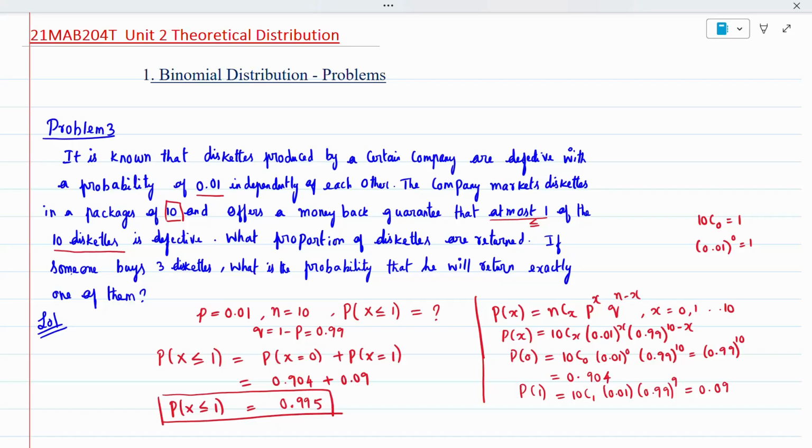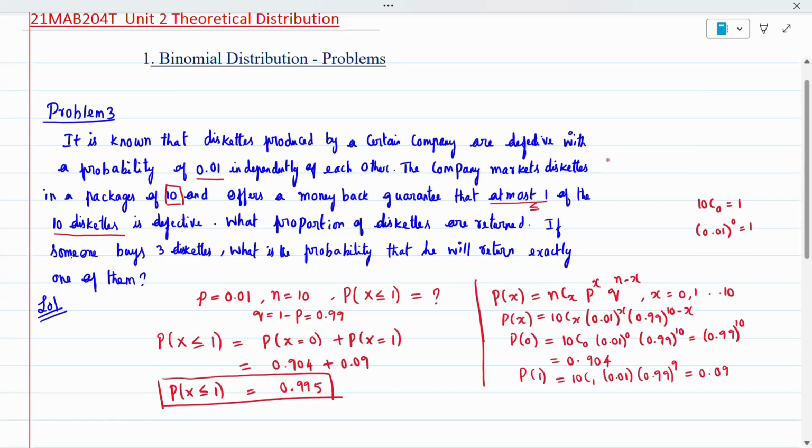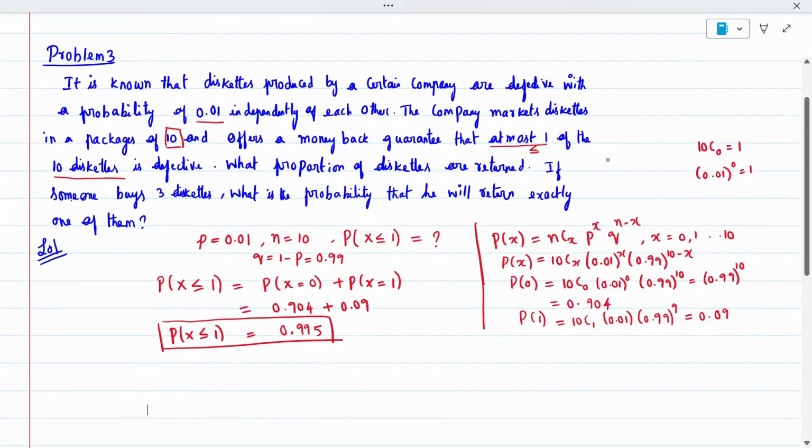So next, what proportion of the disks are returned?